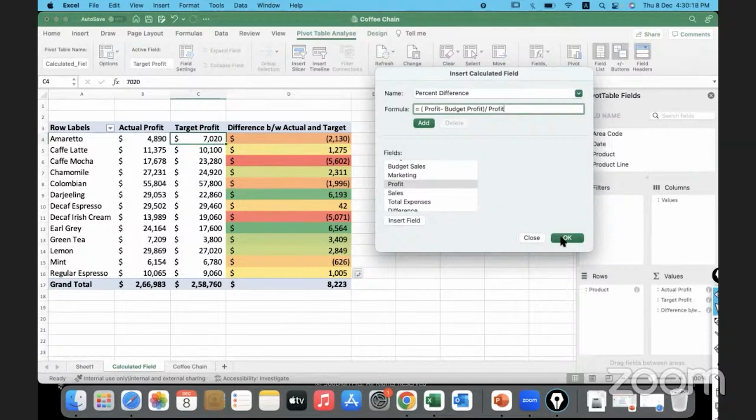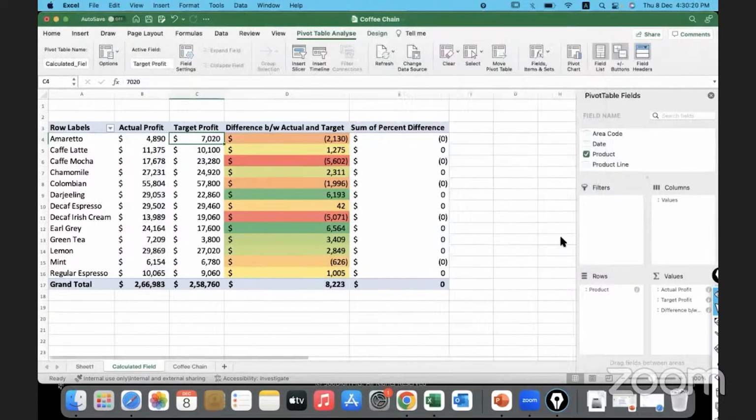Okay, so once I click on OK here, you will notice how it has computed the difference, but it's showing all zeros. That is because of formatting. All right, you can see here 0.1 something means 11% or so. Here we have missed the target by around 30%. Here we have accomplished our target by just about 8%.